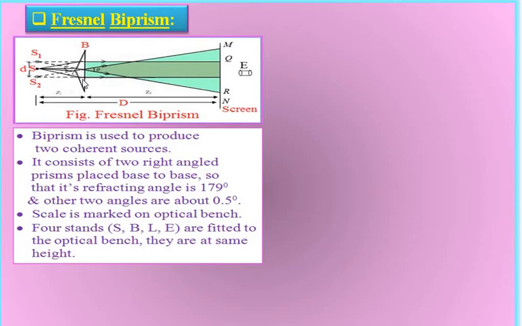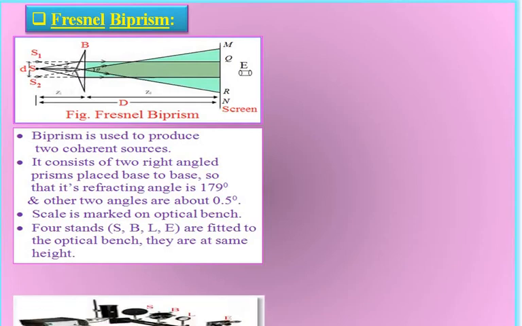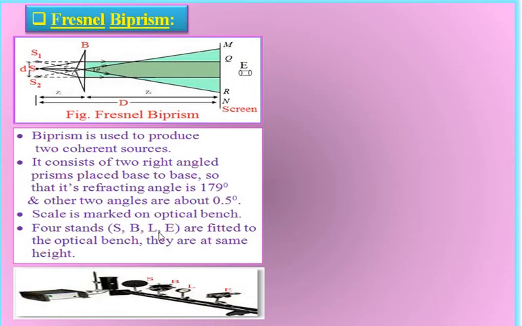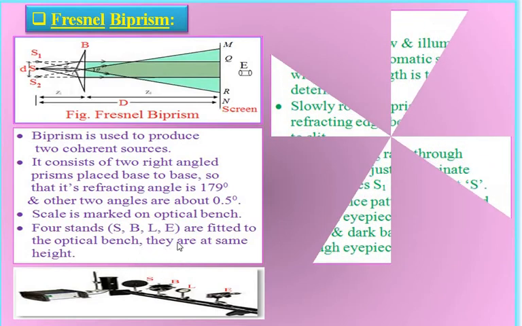The four stands, S, B, L, E, S for slit, B for biprism, L for lens, and E for eyepiece, are fitted to the optical bench. They are at the same height.